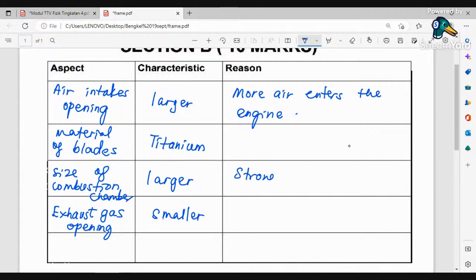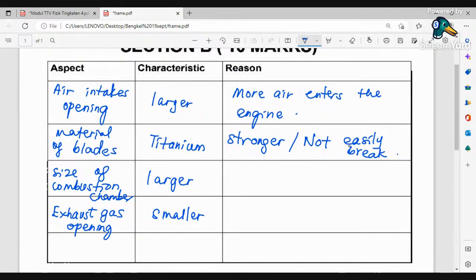Jawapannya boleh tulis stronger, not easily break. Sorry, salah tempat di sini ya. Saya tulis salah. It should be there, the correct one lah. Titanium tadi ya. Stronger, not easily break. Tidak mudah pecah atau patah.